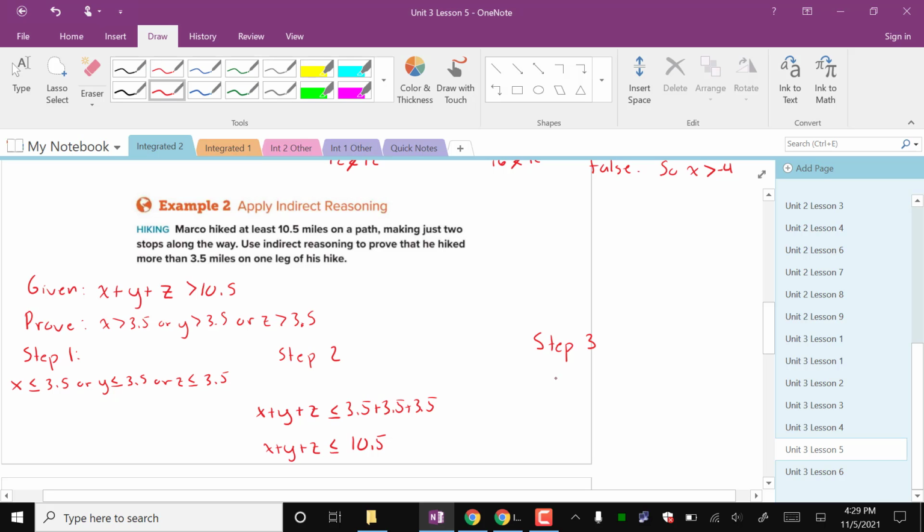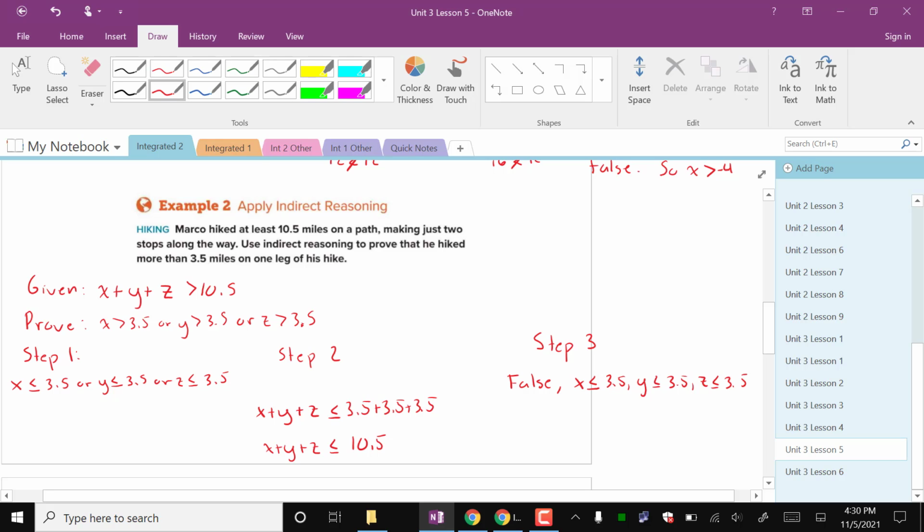So step 3. As I said, this is a contradiction of that given statement. Therefore, the assumption is false. It's false that x is less than or equal to 3.5, y is less than or equal to 3.5, or z is less than or equal to 3.5.